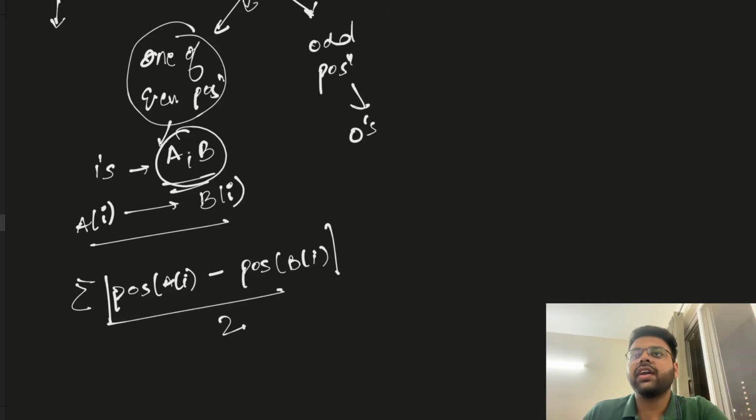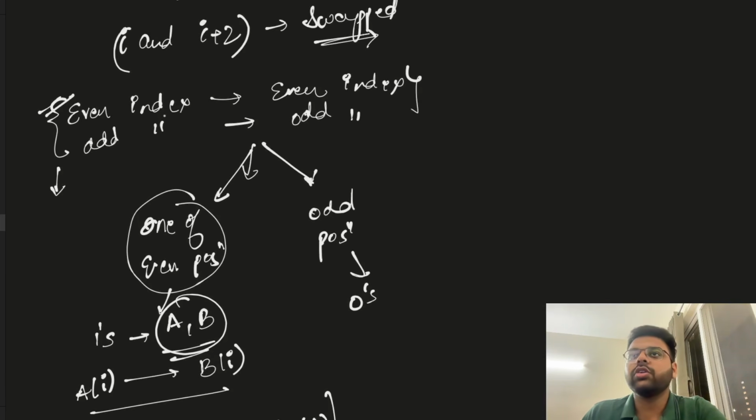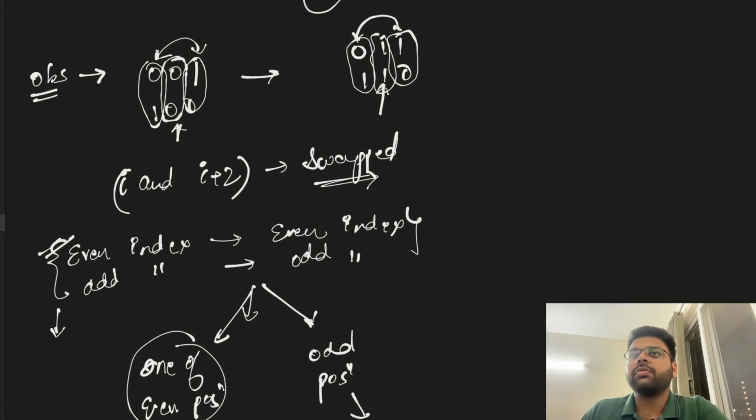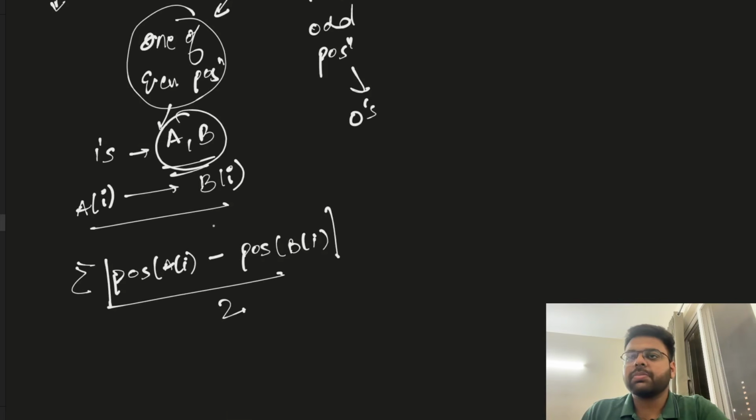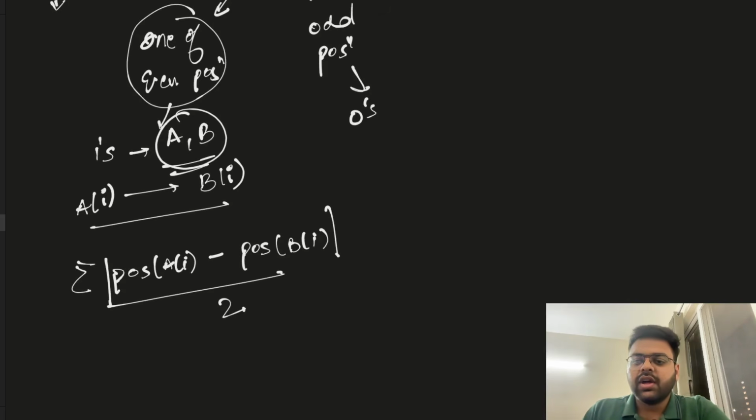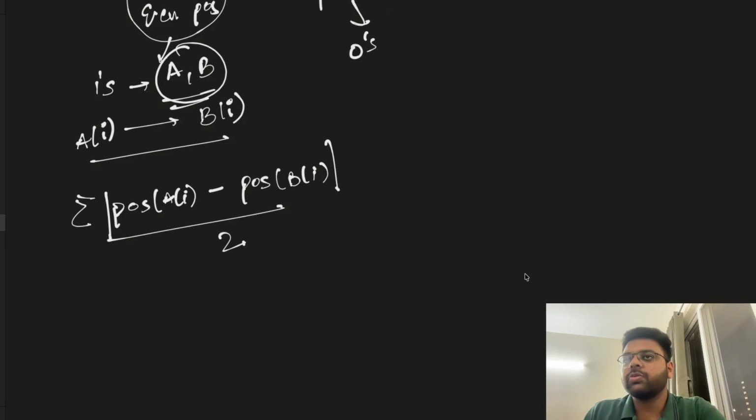The reason we are dividing it by 2 is that on one particular swap, you are dealing with two positions. Like this particular i has gone to i plus 2. So we are jumping by 2 positions, so our net would be divided by 2, right? So this is how you would be calculating the minimum number of operations.